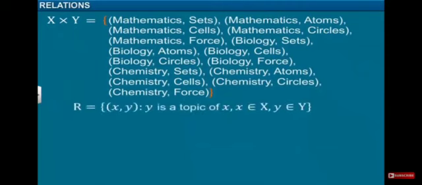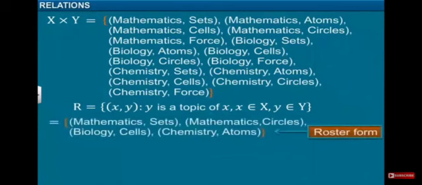Now what is a relation? Relation R is equal to {(x, y) where y is a topic of x, where x belongs to X and y belongs to Y}. So here our question where R is a relation is denoted by R in set builder form. So what is our answer? y is the topic of x, right?